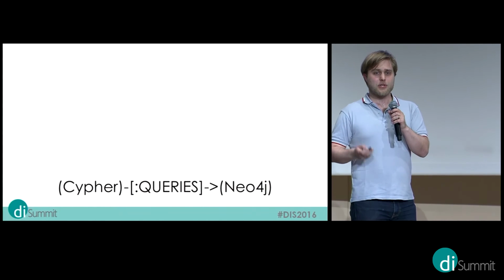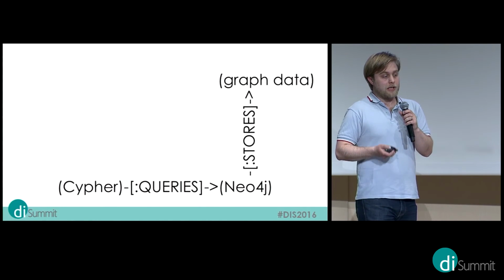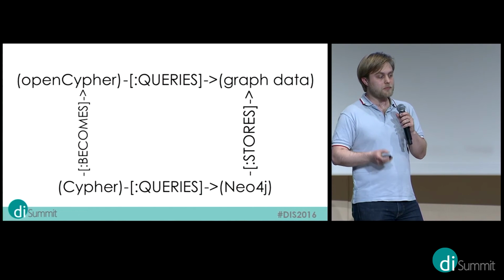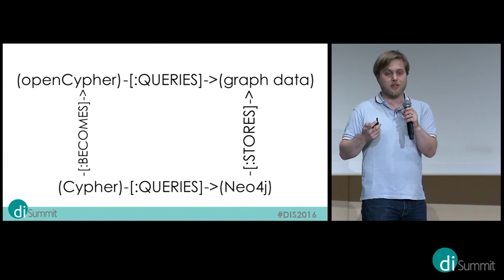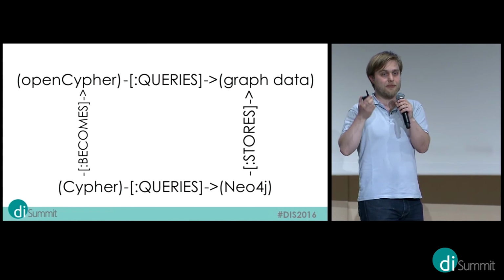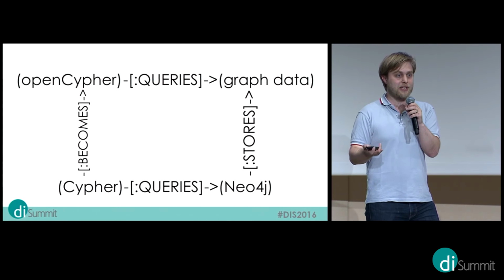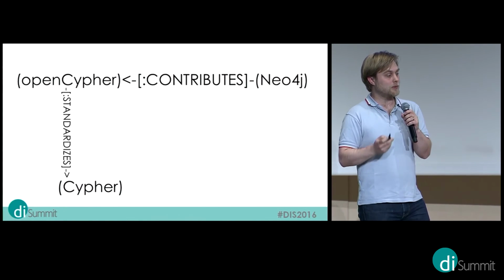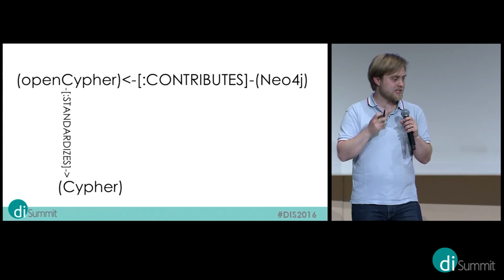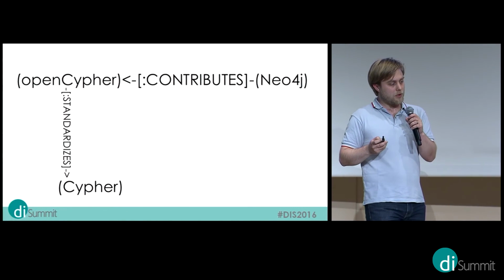We got Cypher, which queries Neo4j today. Neo4j stores graph data. We are turning Cypher into openCypher, which can query any graph data, essentially. Whatever system that stores graph data or deals with graph data, you can use OpenCypher to query that. That's our goal. So we contribute OpenCypher to the world.